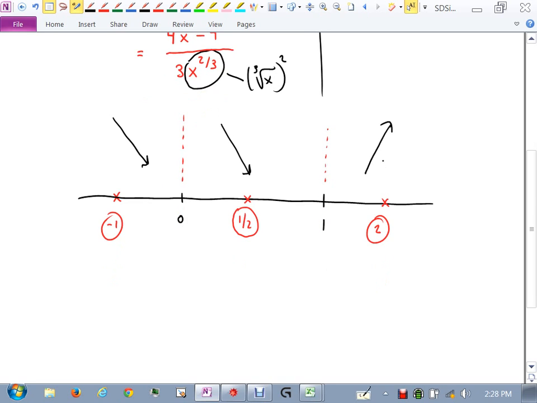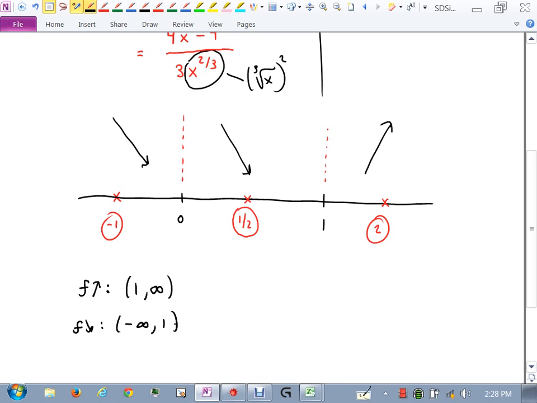So where is this function going up? F is going up on what interval? 1 to infinity. Where is the function going down? -infinity to 1. Yes, I do not have to worry about the 0. Why?